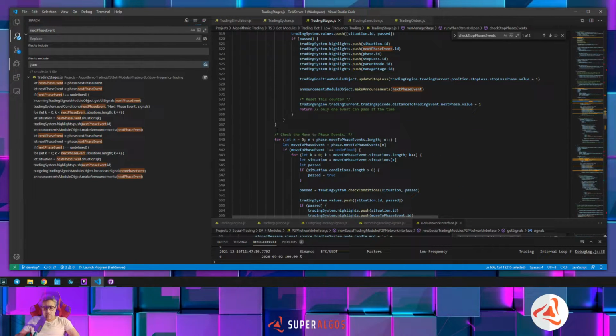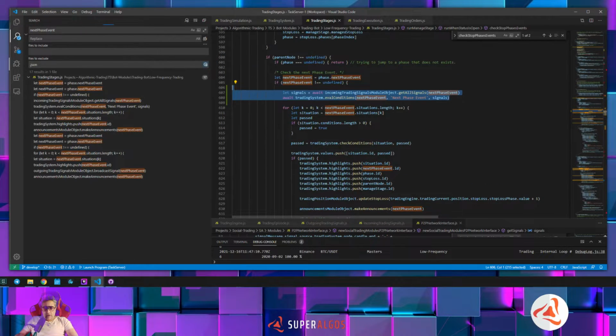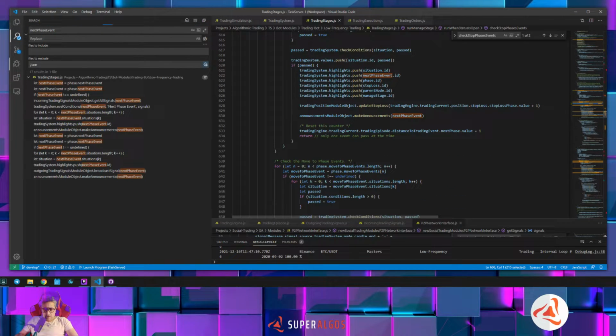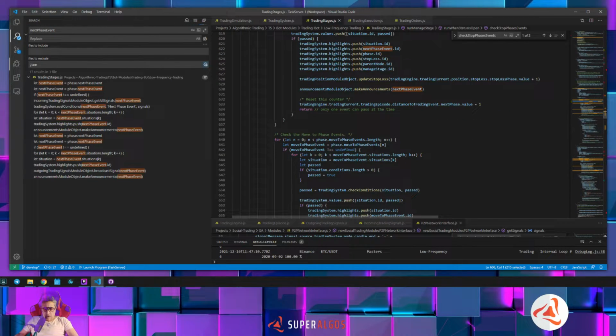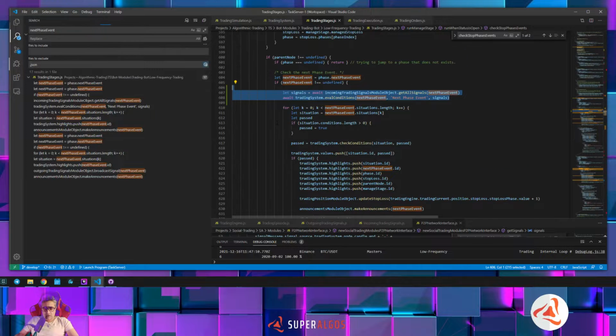Wait a second. Here we are asking if next phase event is not undefined. How do we know that this move to phase event is not undefined if we haven't checked that here?